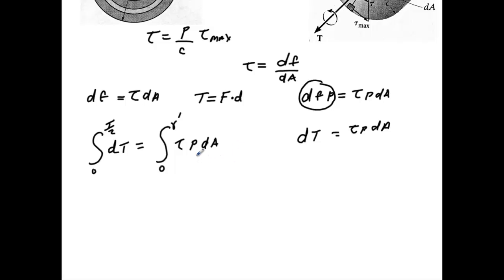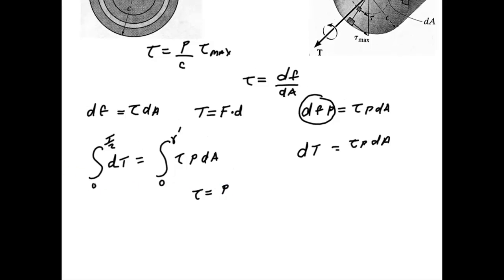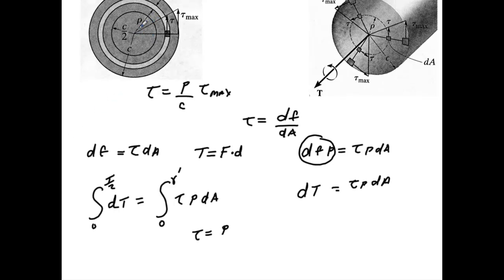Now, we also said earlier that the shear stress is nothing more than the ratio between the P value, some distance from the center axis, over C, times T max. So we're going to take this and put it back into here.